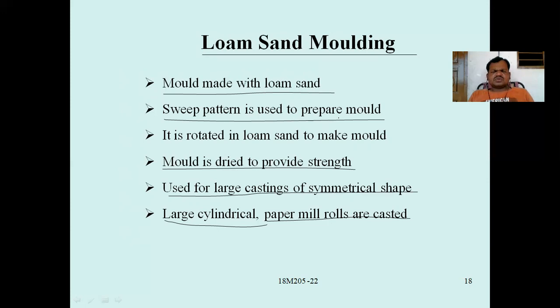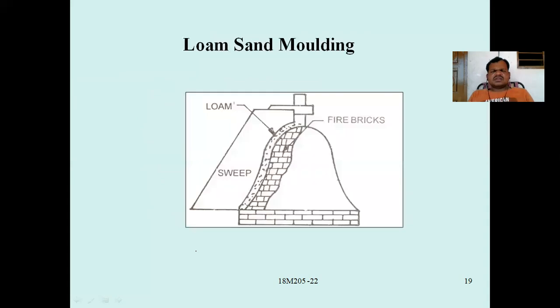A sweep pattern is used to prepare the mold, and it is rotated in loam sand to make molds. The mold is dried to provide strength, and used for large castings of symmetrical shapes, such as large cylinders and paper mill rolls. This is loam sand molding.